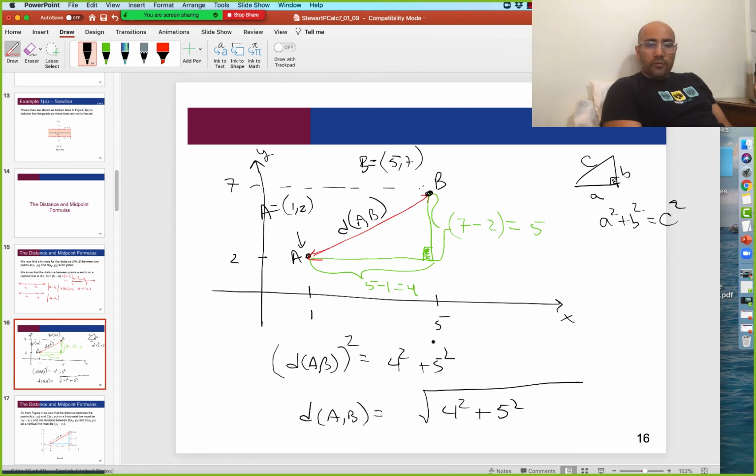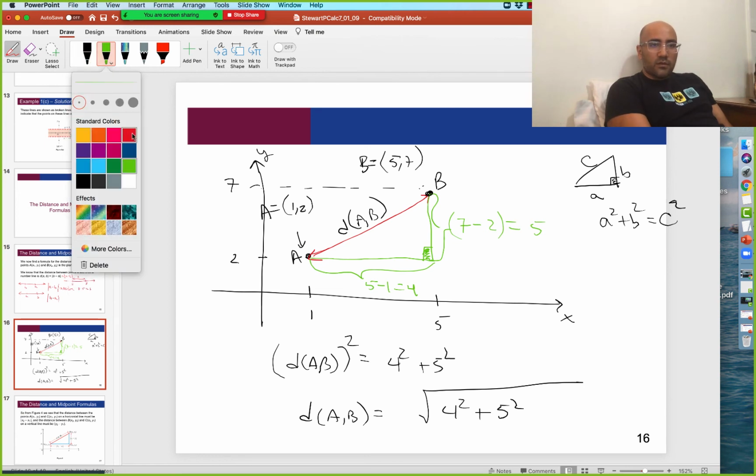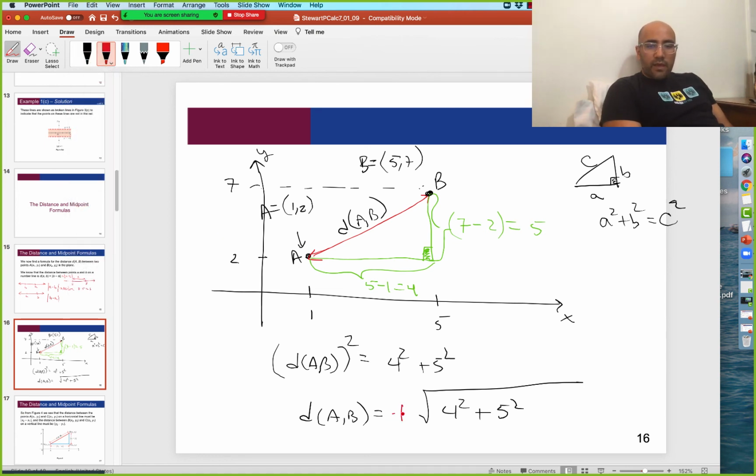When we take the square root of both sides, traditionally we have to consider both options, so we'd have a plus and a minus here. However, I know that the distance is specifically a positive value, so we just ignore the negative.